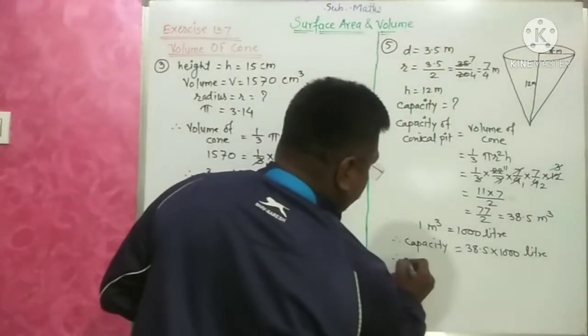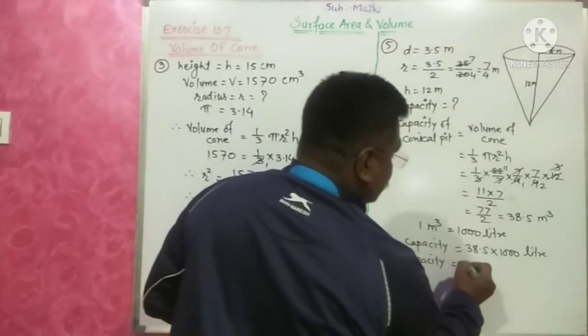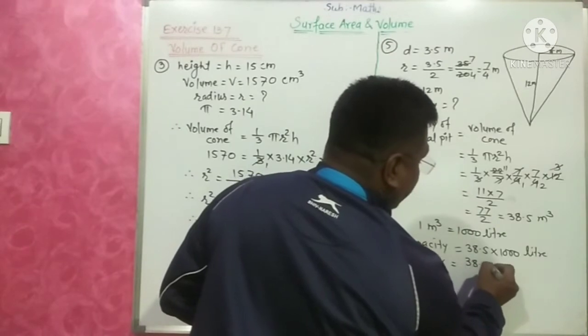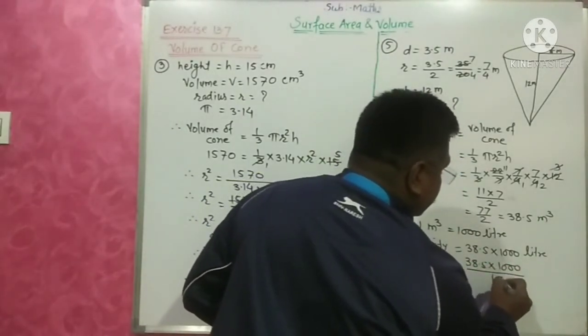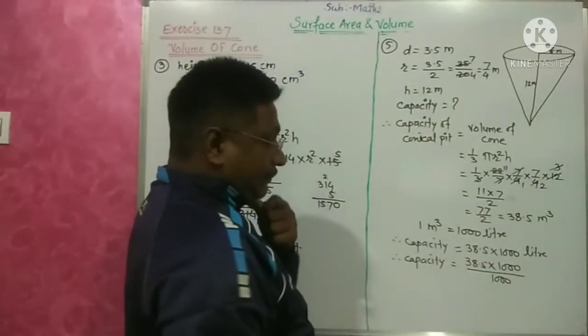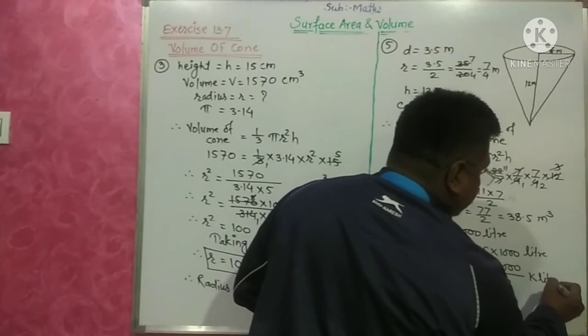So therefore capacity equals 38.5 into 1000 by 1000. If we divide by 1000, what will we get? Kiloliter.